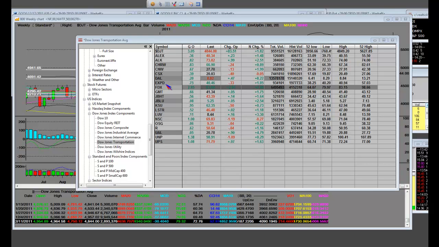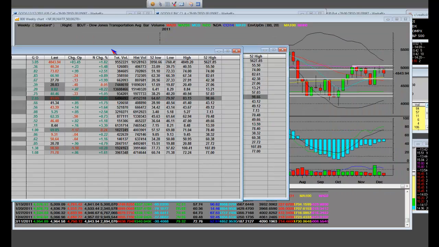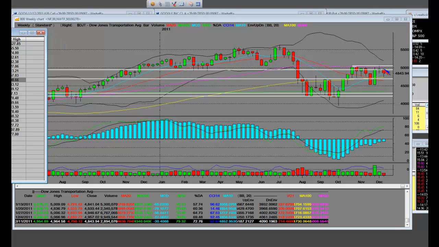So FedEx really kicked it off here. What we're saying, though, is that outside of the upside days that we get like today in the Dow Transportation, the overall weekly value is a reversal. And I want you to know that you have to close above that 50-week moving average, and it's held it back.